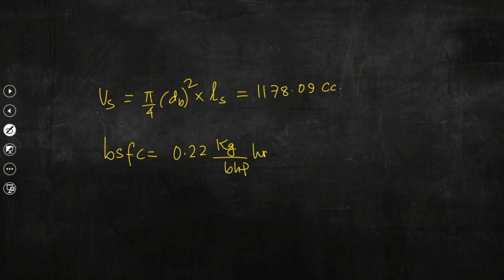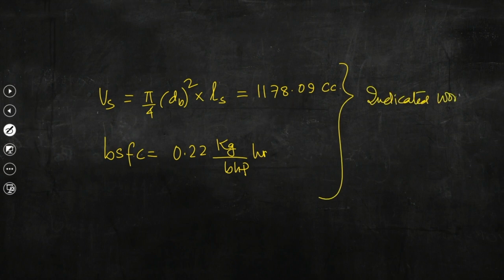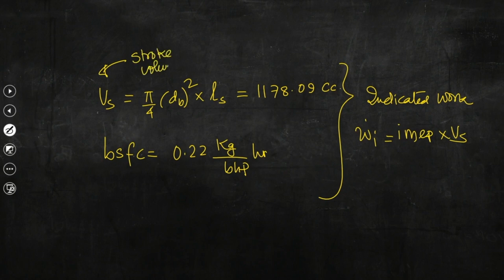So, we can calculate the indicated work Wi per cycle, that is IMEP into Vs, the stroke volume. In one stroke, this is the volume displaced.